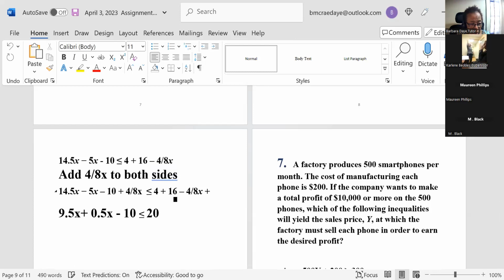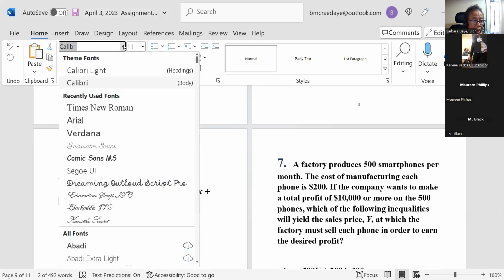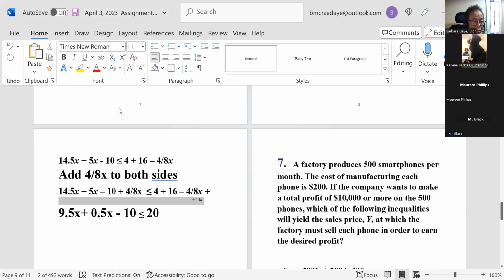Plus 4/8x. Let me just make that bigger. You say it's clearer when you put it underneath it, so let me make that clearer.